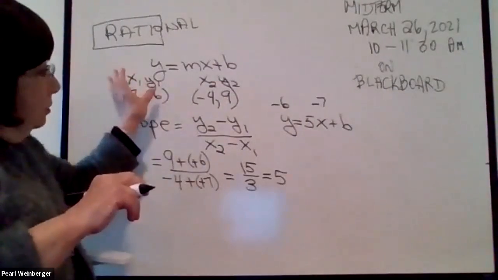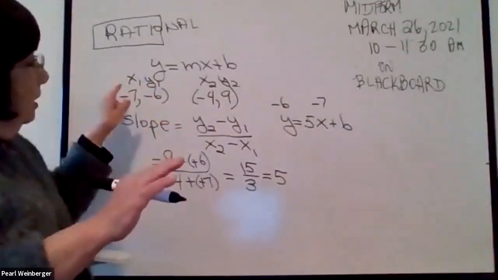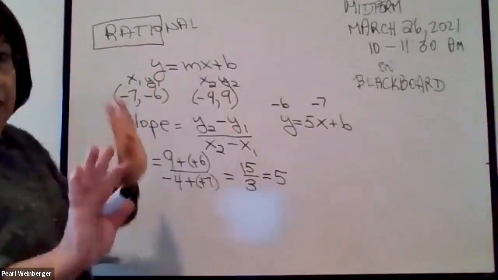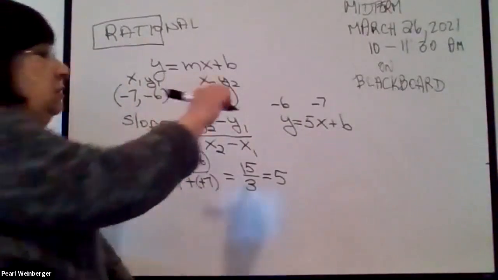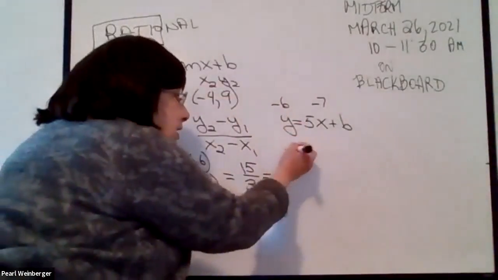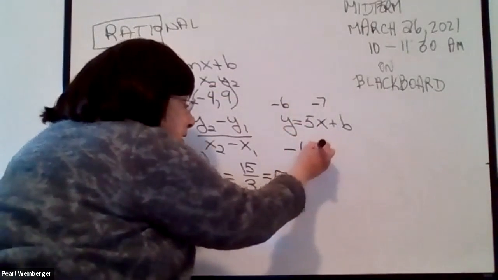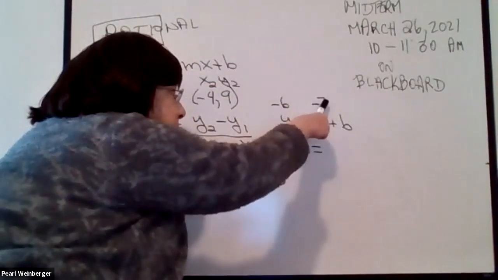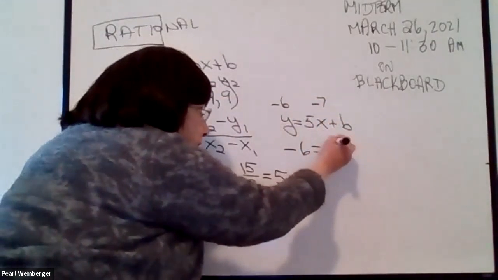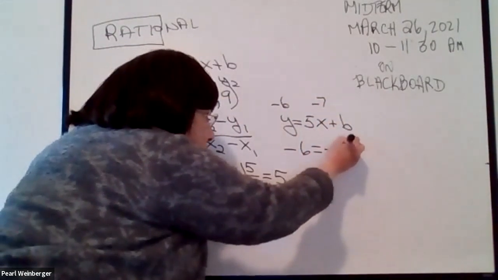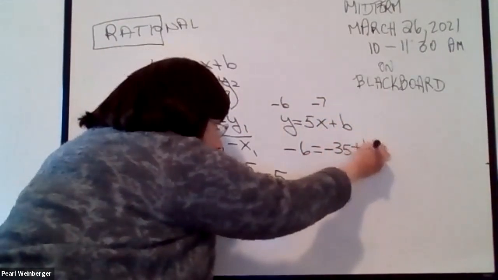The x one has to go with the y one. You can't take the x from here and the y from there. Okay? Substituting in these numbers, I get -6 equals 5 times -7, which is -35, plus b.